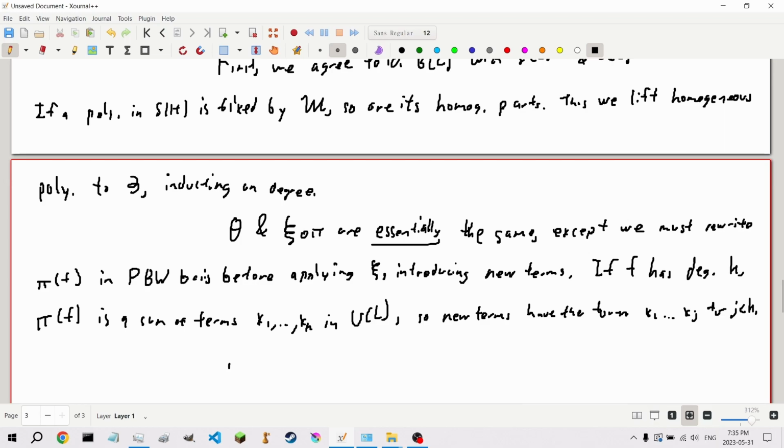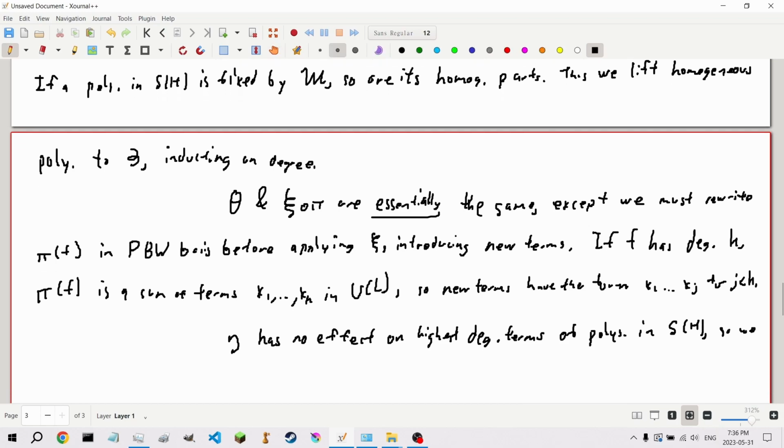Our map eta, which sends hi to hi minus 1, has no effect on highest degree terms of polynomials in the symmetric algebra of H.